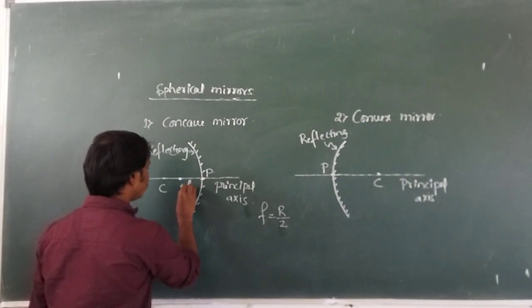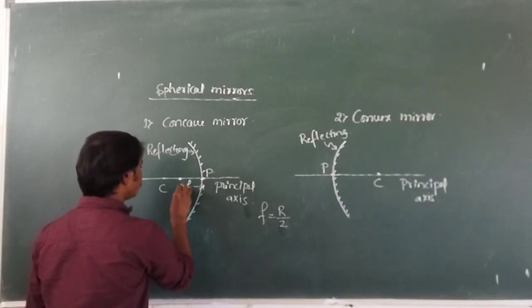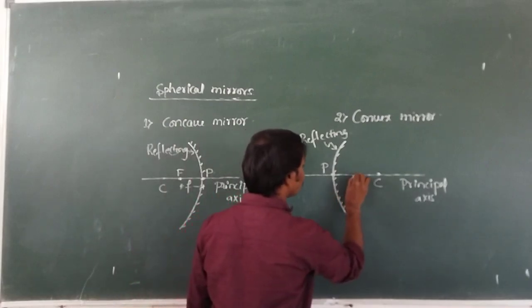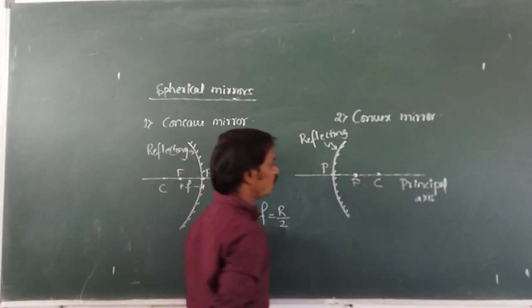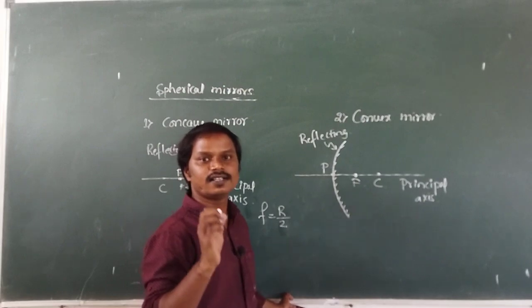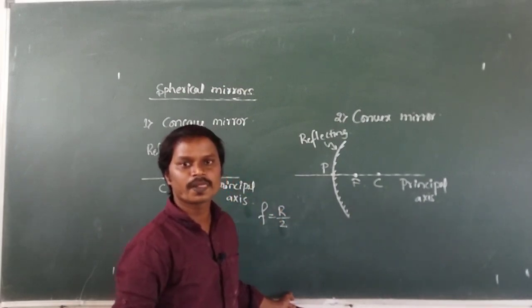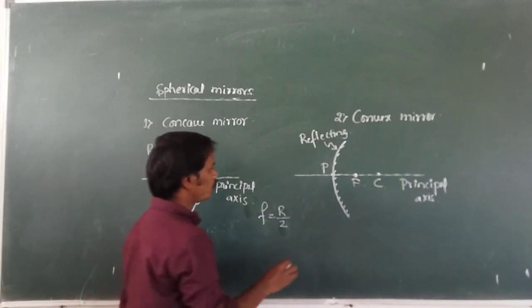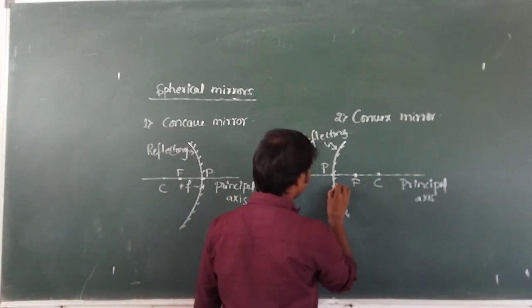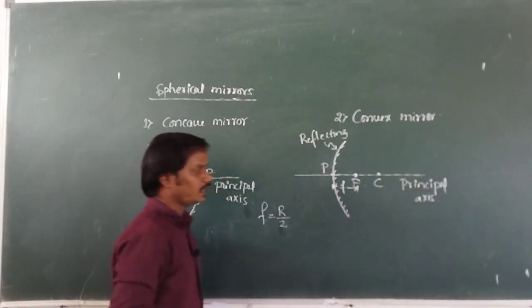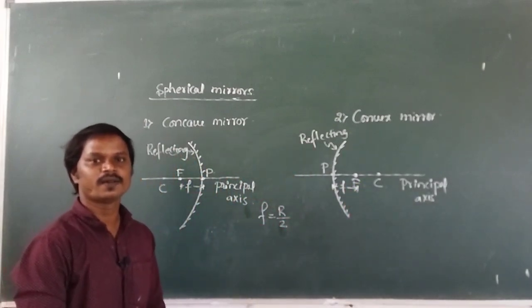This is the focal length, and this is the focus. Always the focus lies exactly at the middle of P and C, meaning the pole and the center of curvature. The focal length is the distance between the pole and the focus, and it is represented by F.